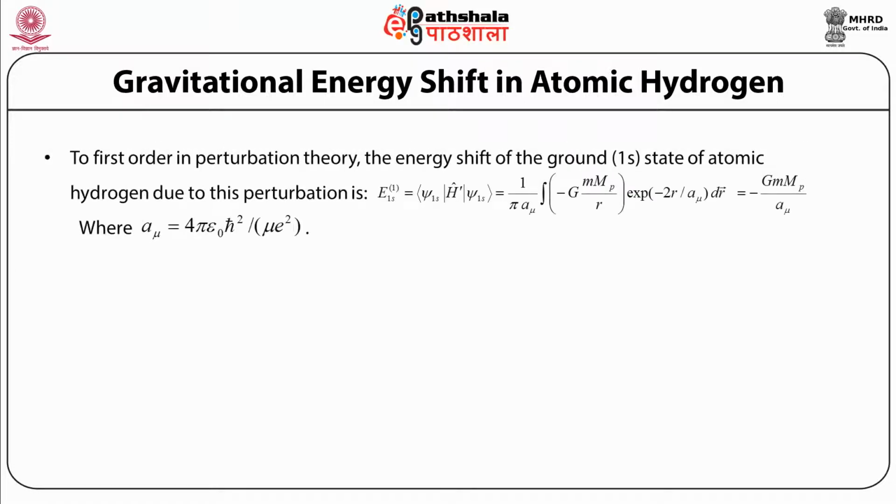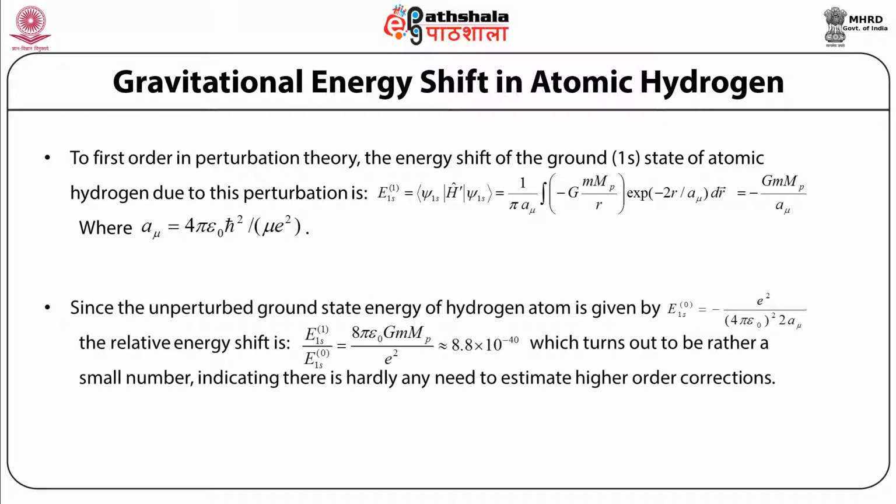To first order in perturbation theory, the energy shift of the ground state of atomic hydrogen due to this perturbation is E_1s¹ equals the matrix element of H' between ψ_1s and ψ_1s, equals 1/(π a_μ³) times the integral of minus G m M_P/r times exponential of minus 2r/a_μ, which is equal to minus G m M_P/a_μ, where a_μ equals 4πε0 ħ²/(μ e²).